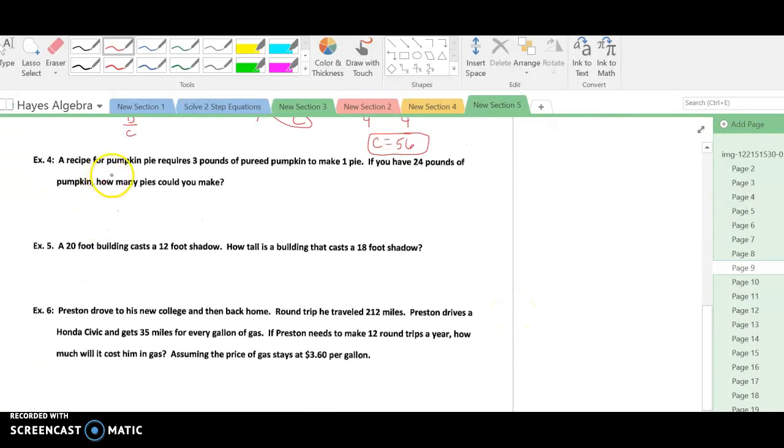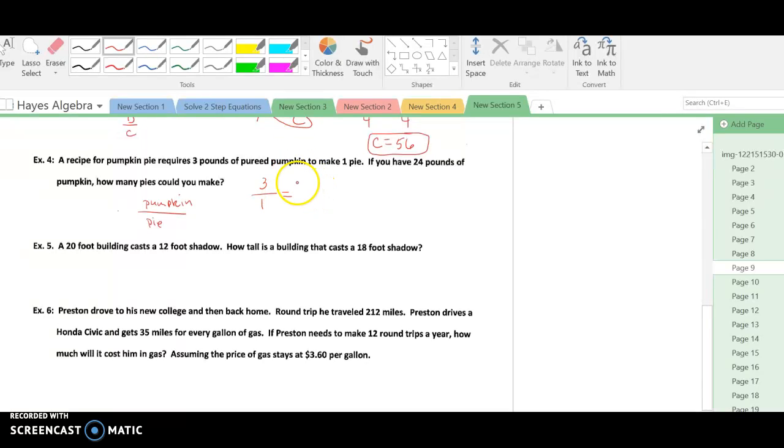Number 4, a recipe for pumpkin pie requires 3 pounds of pureed pumpkin to make 1 pie. So 3 pounds of pumpkin to make 1 pie. So again, our order is pumpkin to pies. If you have 24 pounds of pumpkin, how many pies can you make?